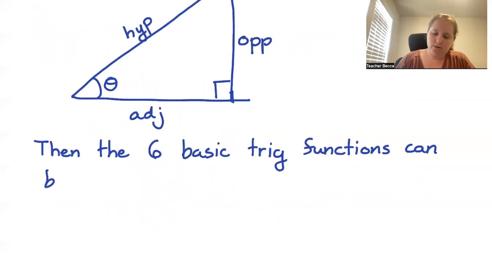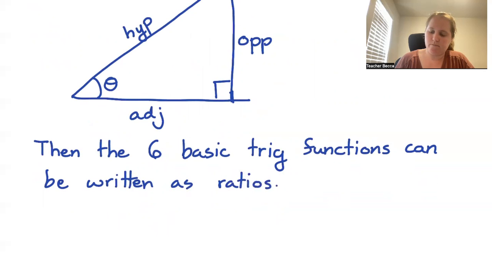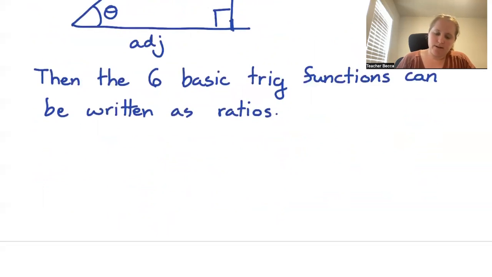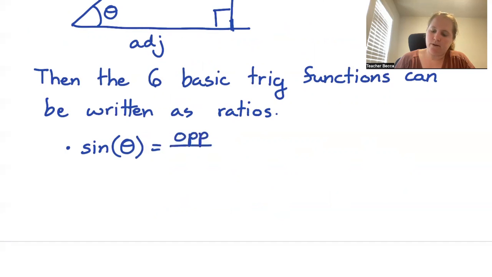So the six basic trig functions can be written as ratios. We have sine of theta is the opposite side over the hypotenuse.